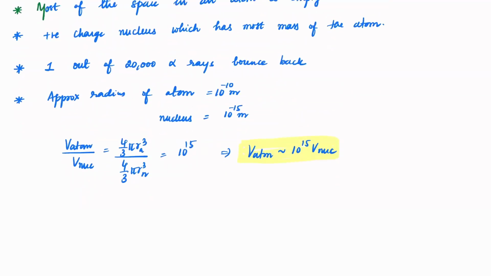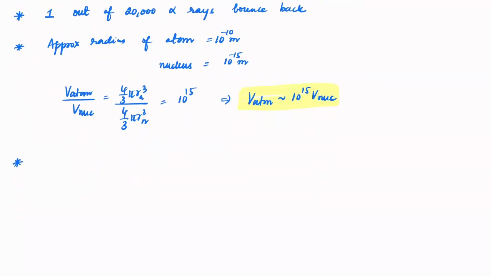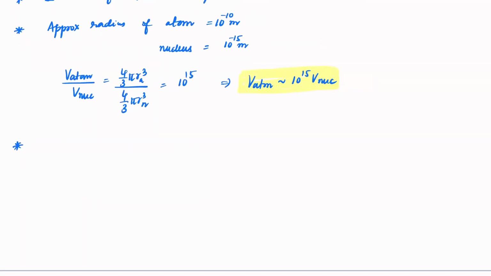Okay. Another important relation, which you will learn more about in physics, but it's an important formula anyway. That is the radius of nucleus: Rn will be equal to R naught into A raised to power of 1 by 3, and R naught value is approximately 1.3 into 10 raised to power of minus 15 meters, and A is the mass number.